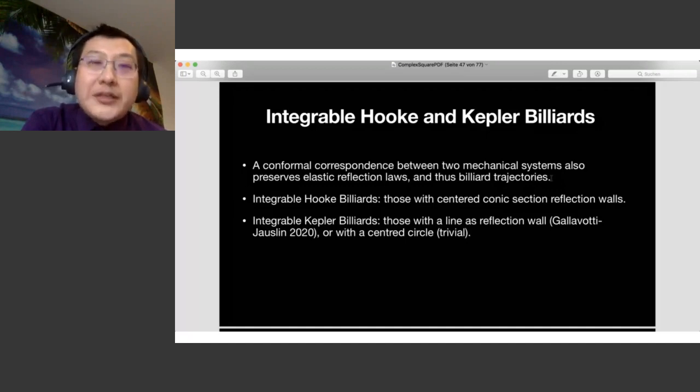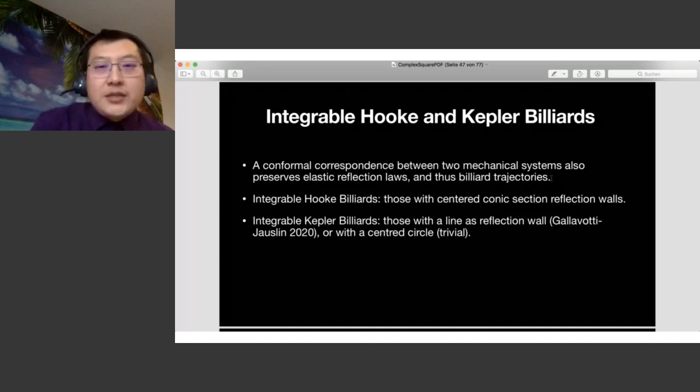And the first non-trivial example is due to Gallavotti-Jauslin from last year, stating that if you're in a plane with a Kepler force field underlying, and if you put a line as a wall of reflection, then the system is actually integrable.